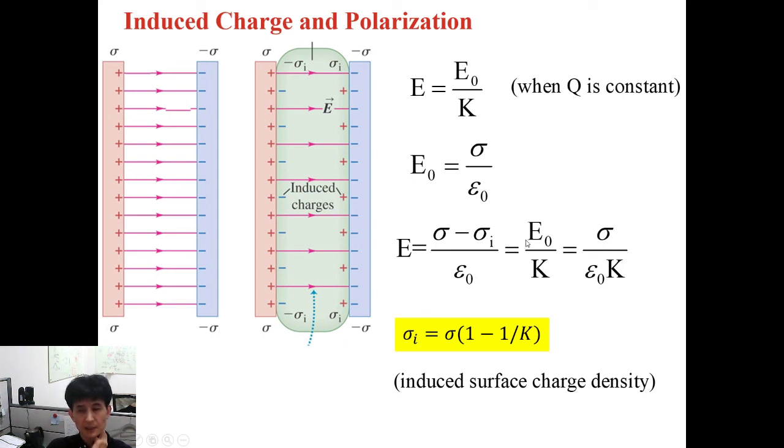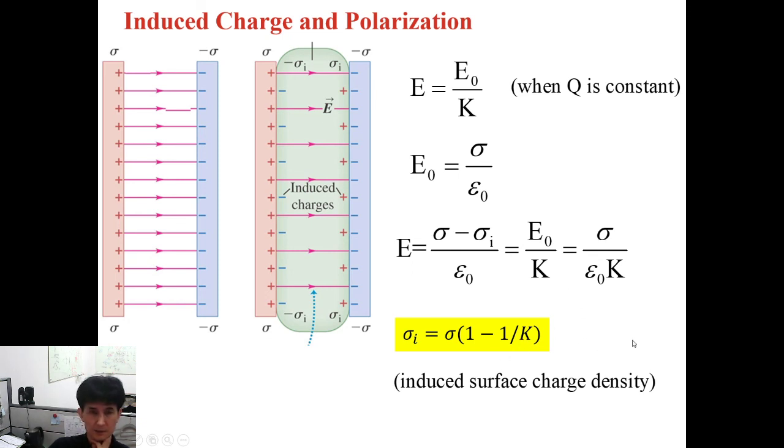So we have this, that is E0 over K, that is sigma over epsilon 0 times K. So by using this equation, sigma induced can be calculated as the original sigma times 1 minus 1 over K. That's the amount of the induced surface charge density by a dielectric medium whose relative dielectric constant is K.